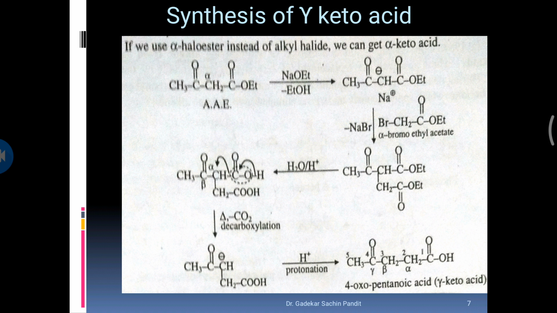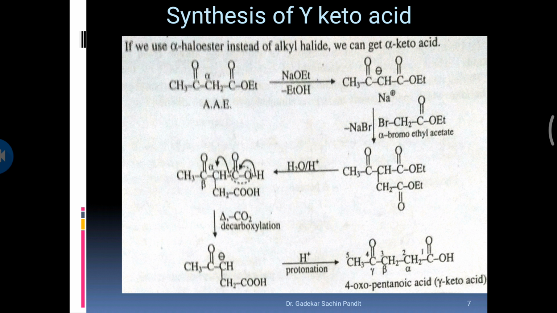Okay, so now the synthesis of gamma keto acid. How can we synthesize gamma keto acid? If we use an alpha haloester instead of an alkyl halide, we can get a gamma keto acid.